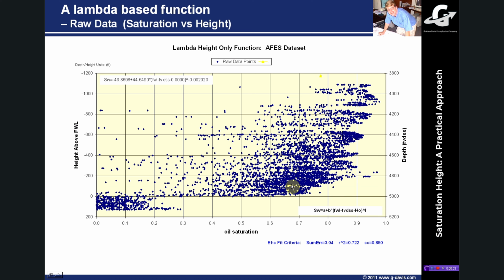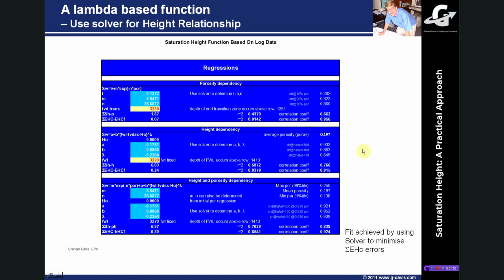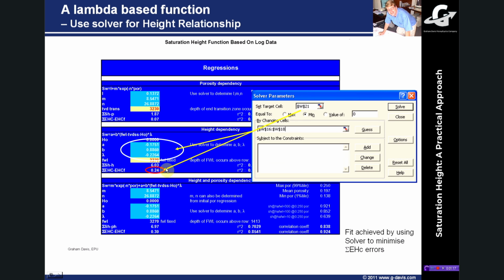So here's a set of log data, and you can see there's quite a long, lazy apparent transition zone in these log observations. Here saturation increasing with height, but in quite a long, lazy way. So if we were going to do a regression analysis on this, we go back to our regression sheet, and here is the height dependency equation. Again, we minimize the errors in hydrocarbon thickness between the function and the log.